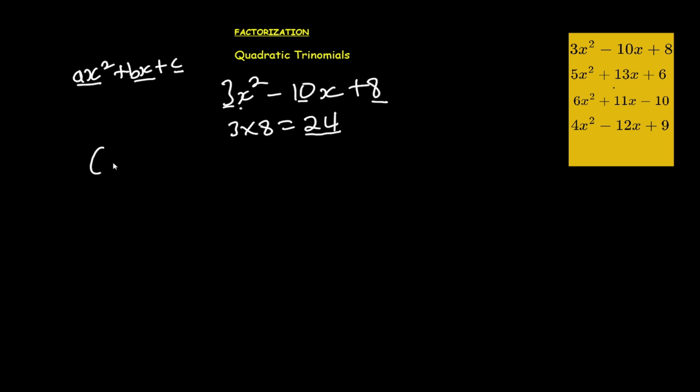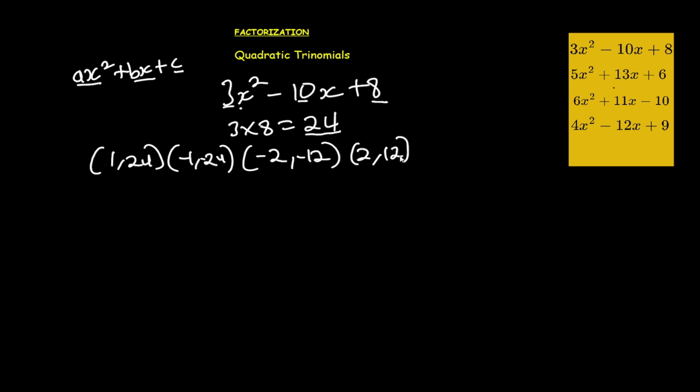Now we know that 1 times 24 gives us 24. Also -1 times -24 gives us 24, and -2 times -12 gives us 24, and 2 times 12 will also give us 24.